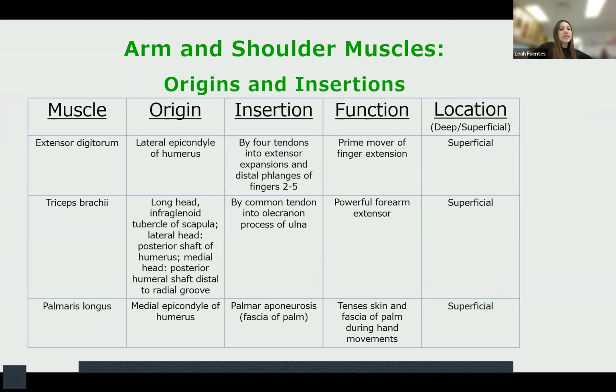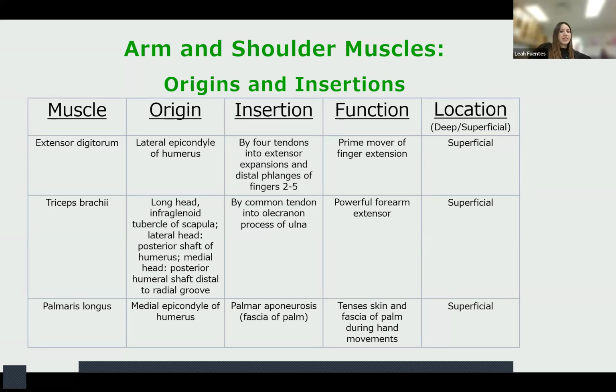Okay, some more. Extensor digitorum, originating at the humerus, inserting into where your phalanges are. Again, specifically 2 through 5, but just knowing phalanges. Triceps brachii, we talked about it, originating either at the scapula or humerus, and then inserting at the olecranon process of your ulna.